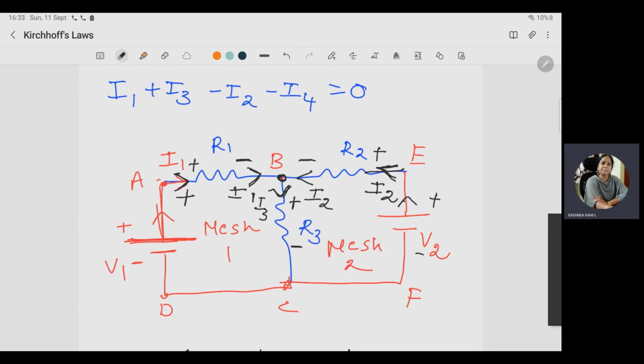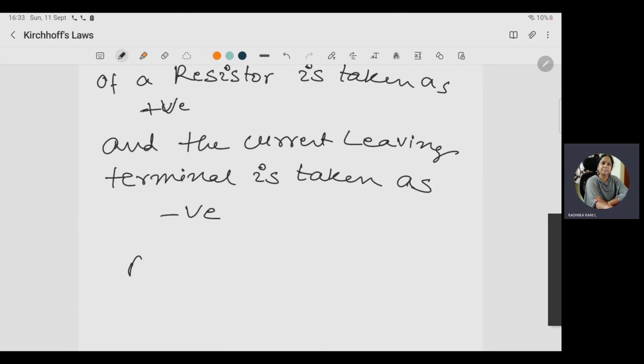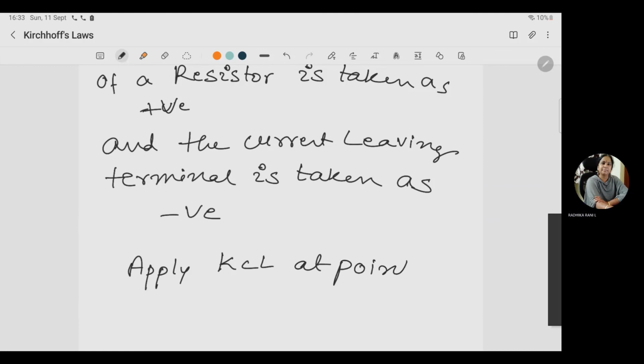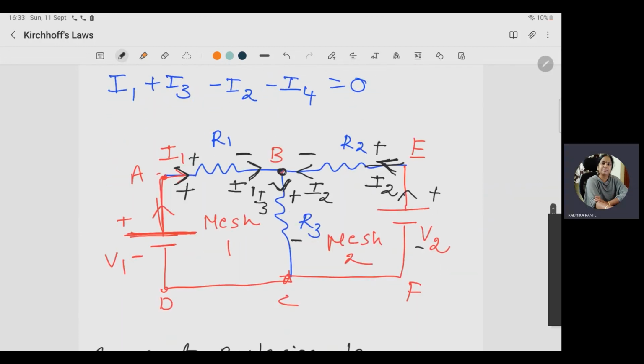Then how can I write the KCL at point B? What is the statement of KCL? Apply KCL at point B. So the sum of entering currents is equal to sum of leaving currents. How many currents are entering? Two currents, I1, I2.